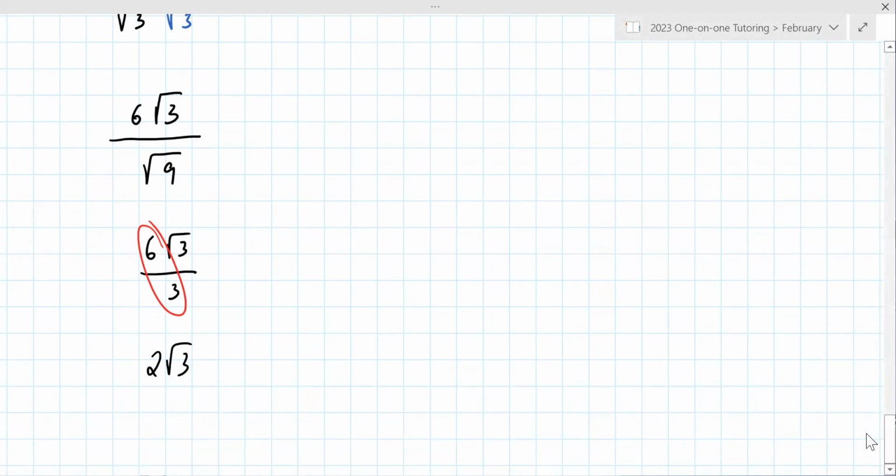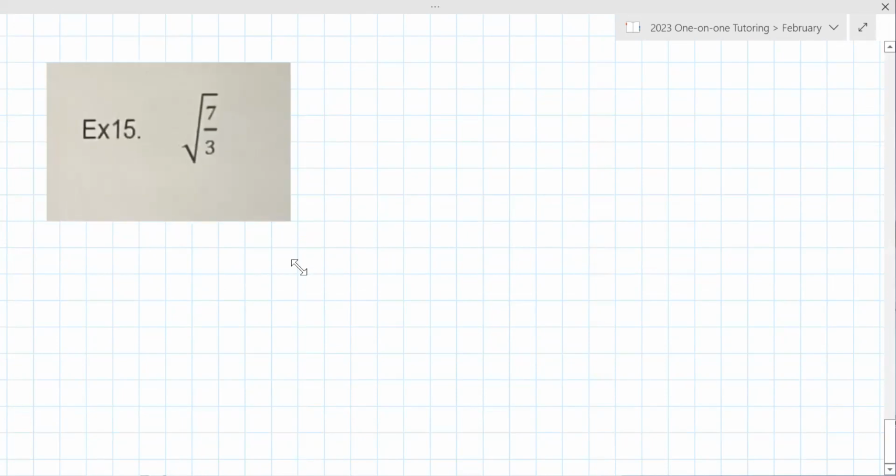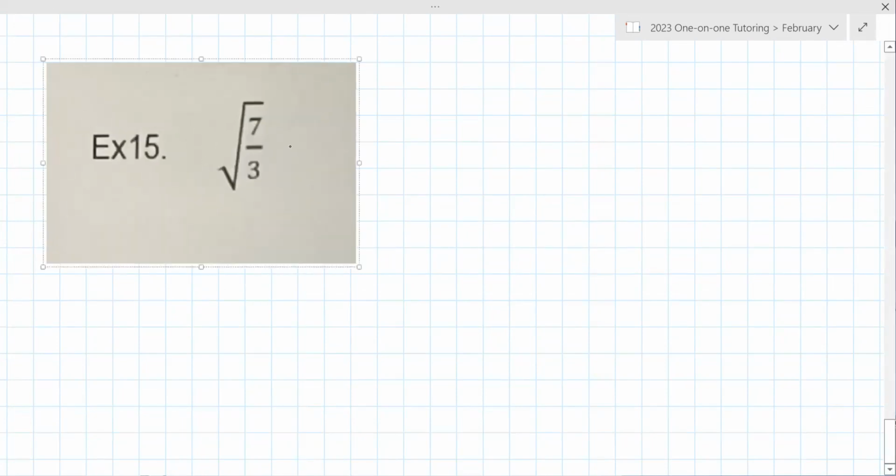All right, so now the next problem, 15, is a little bit different. It's kind of like ones we did earlier. So you start out by breaking this apart into the square root of 7 over the square root of 3.